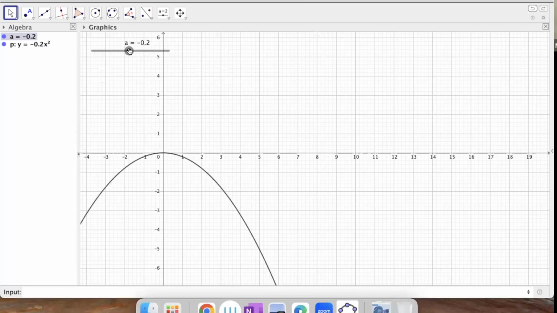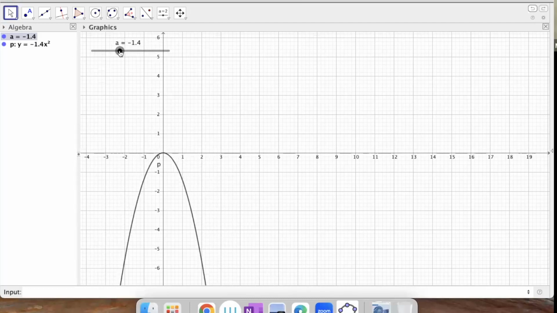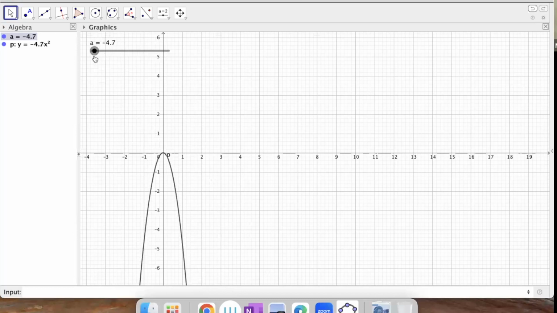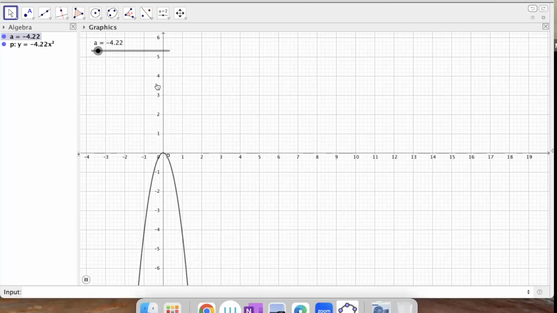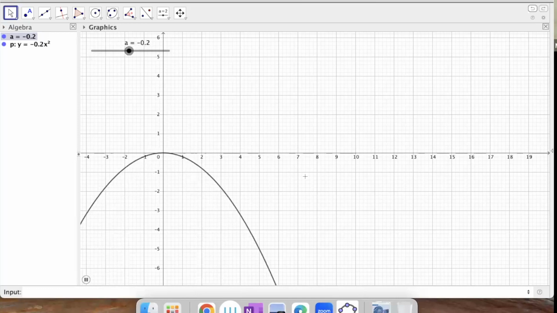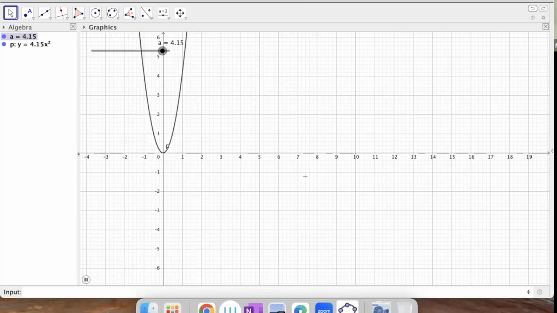And obviously with a negative sign, it is a sad face, and all other concepts remain the same. So this is it. The value of a in a x square is increasing, the graph is squeezing in. The value is decreasing, the graph is stretching out.